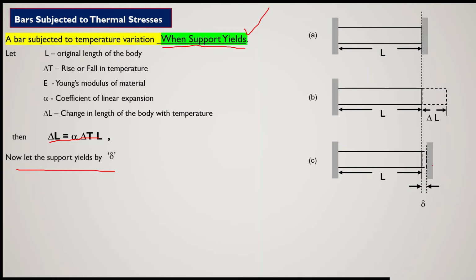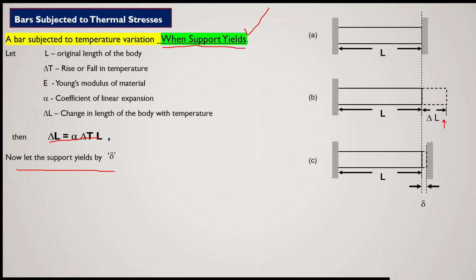That means the support itself has yielded by some amount delta. Now if you compare figure number B and figure number C, you can easily understand that this much is the extension actually happening if the member is free.